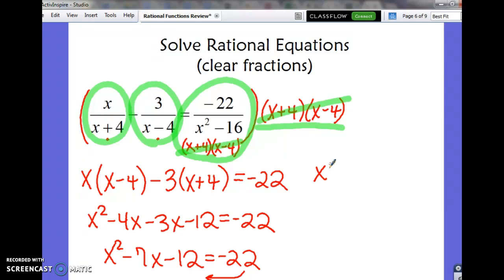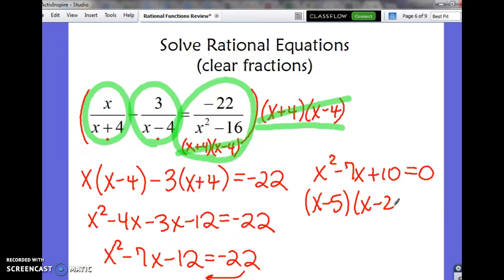So you'll wind up with x squared minus 7x plus 10, and set that equal to 0. Then you will see that this factors, and you have two solutions to your original equation. Don't forget to plug back in and check.